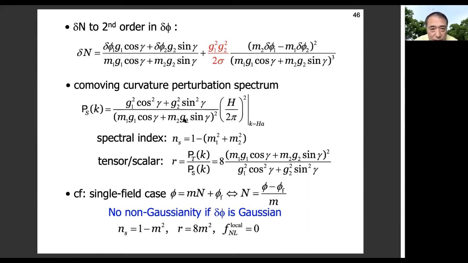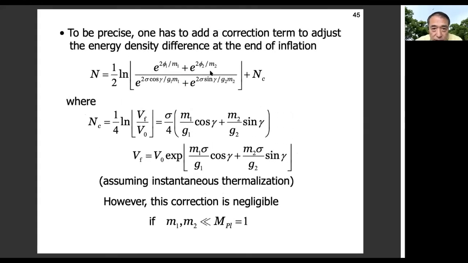And then the spectral index is very easy to compute, which turns out to be 1 minus m1 squared plus m2 squared. m1 and m2 are essentially the mass scales appearing in the exponential function.